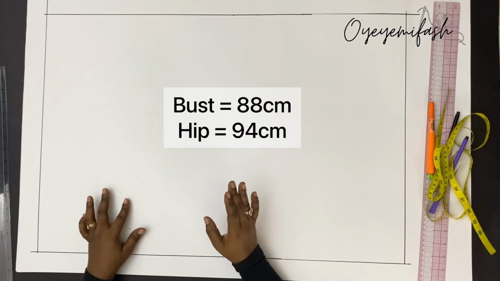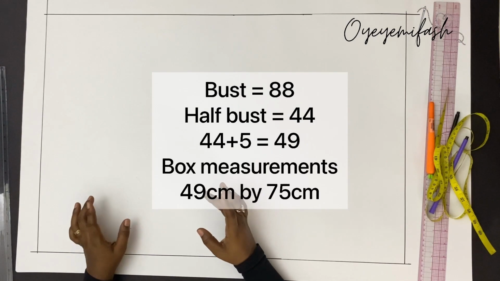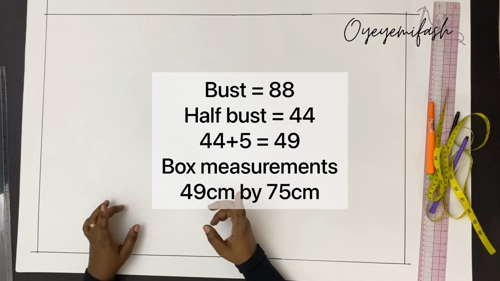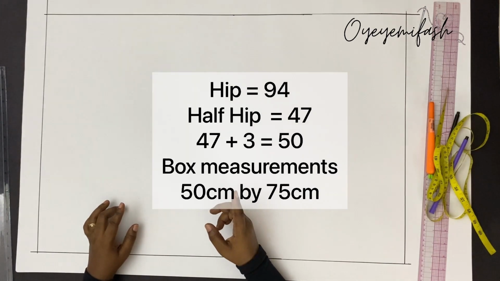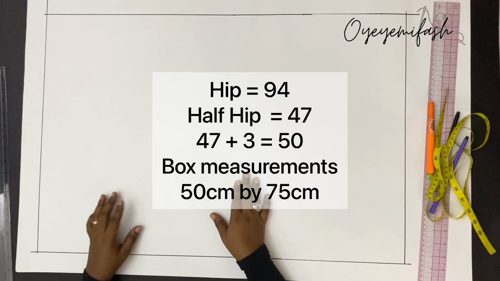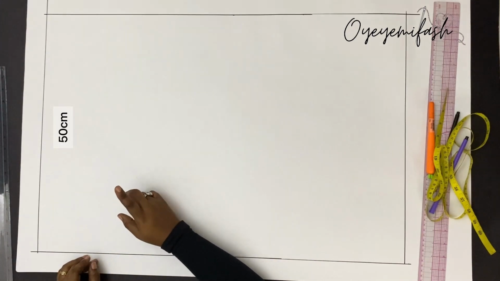For example, if the bust is 88 and the hip is 94, half bust plus 5 gives us 44 plus 5, which is 49, while half hip plus 3 gives us 47 plus 3, that is 50 centimeters. So for me, I'll be using 50 centimeters, that's half hip plus 3 centimeters.